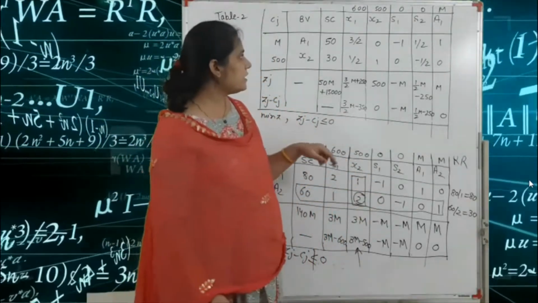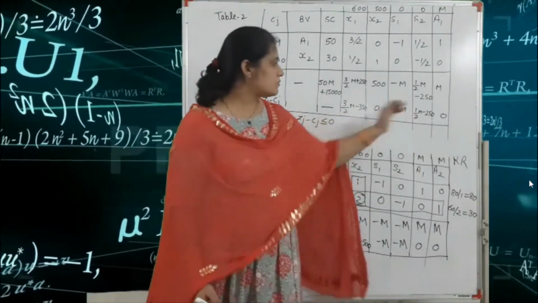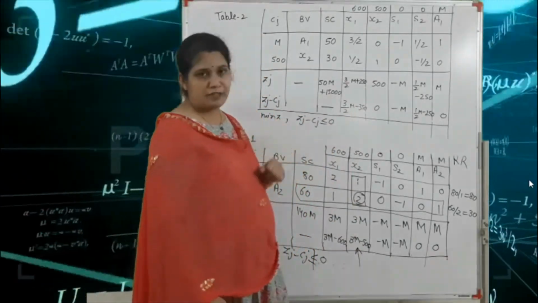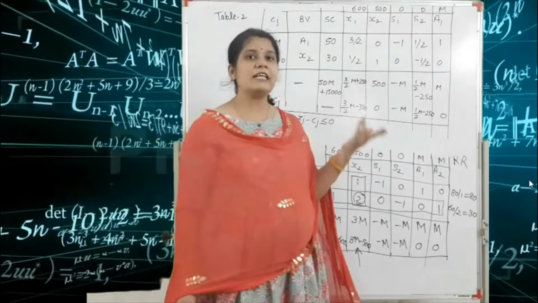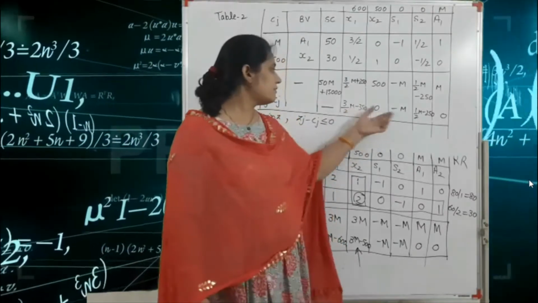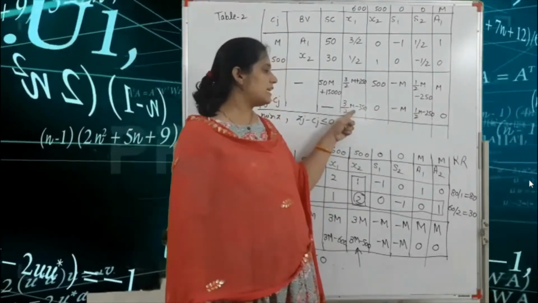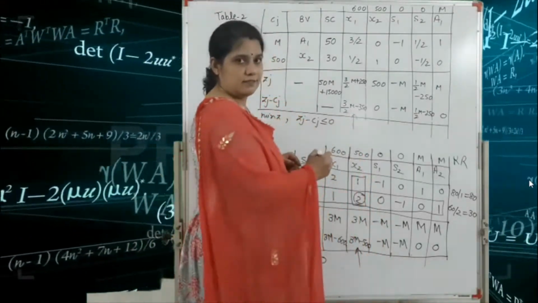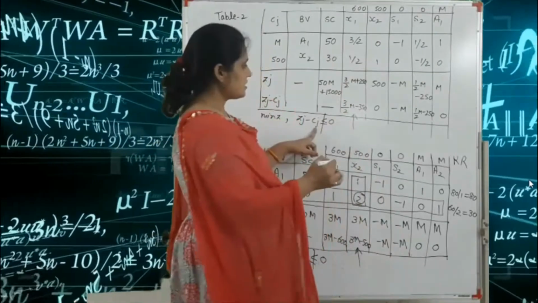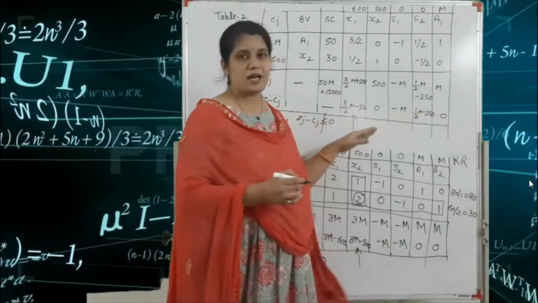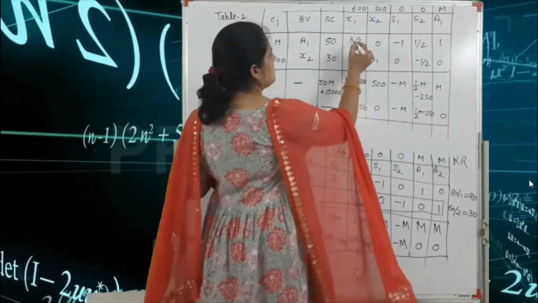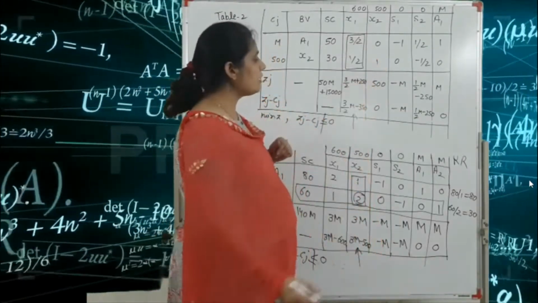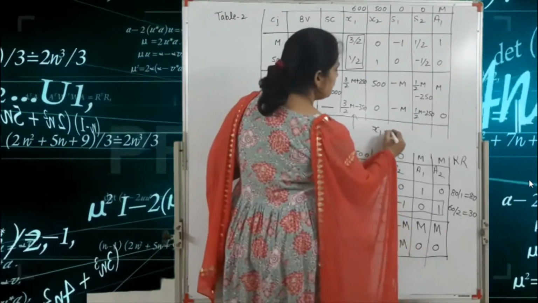Here the largest value is 3 by 2 M minus 350. Considering M is very large, this value is greater, that means this variable is entered. So this condition is not satisfied because two values are positive. So this is your key column, that means the x1 variable is entered.